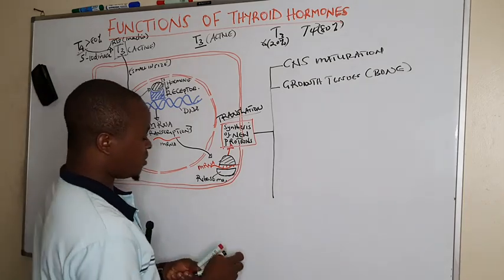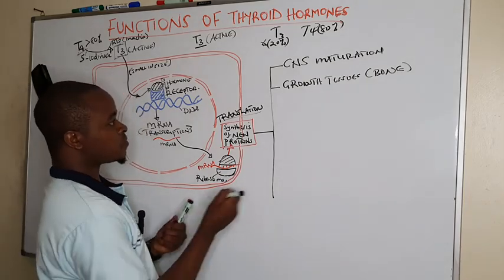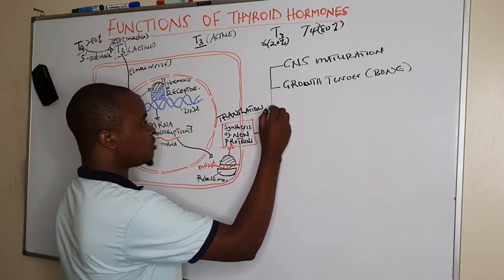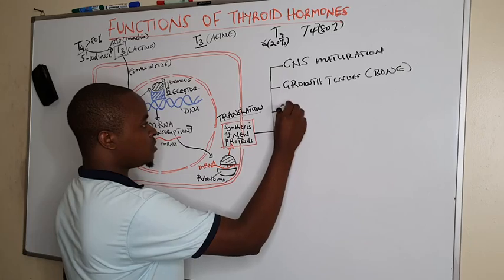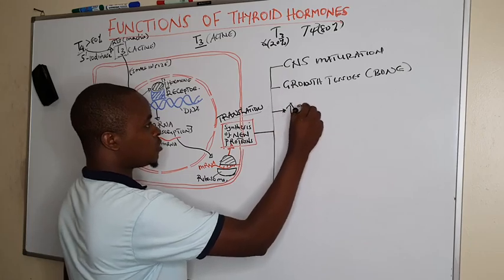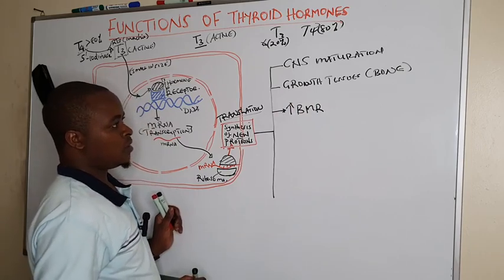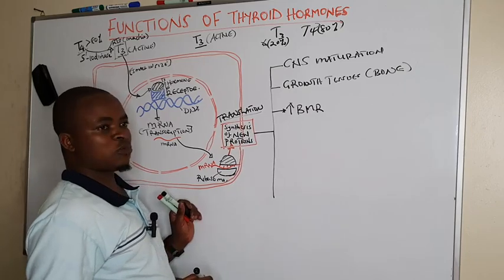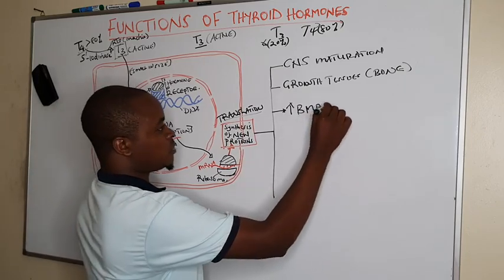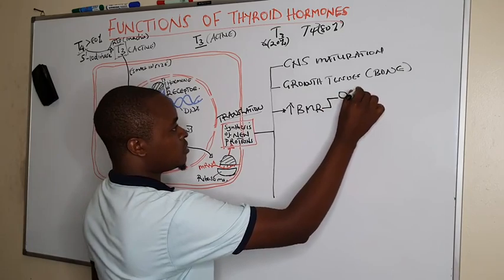Another function of T3 and T4 is that they are responsible for increasing basal metabolic rate. And how do they increase basal metabolic rate? By increasing oxygen consumption.